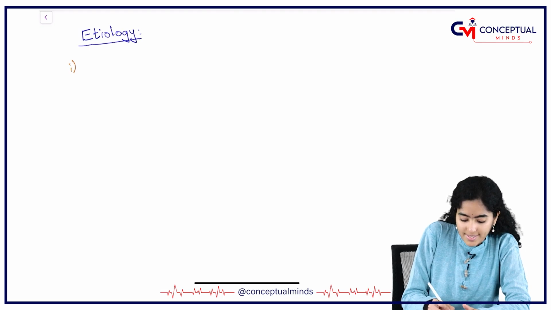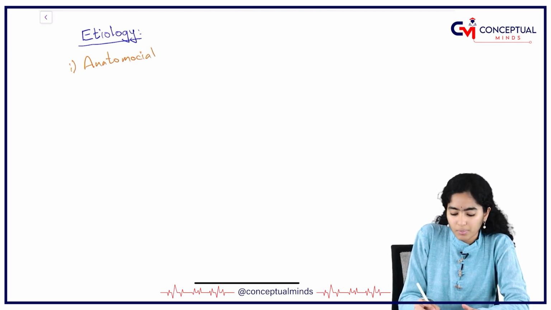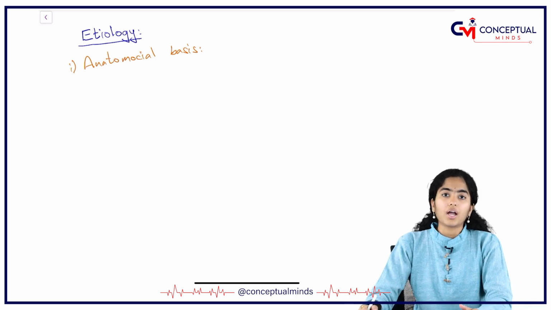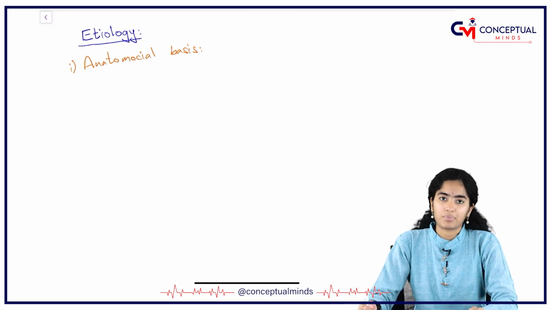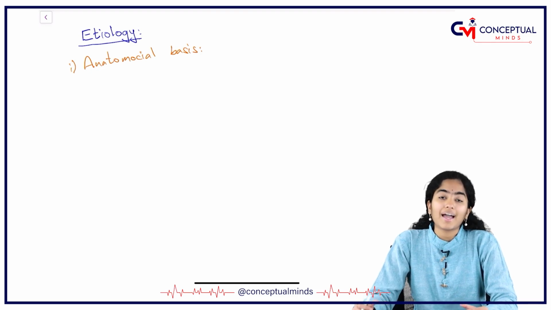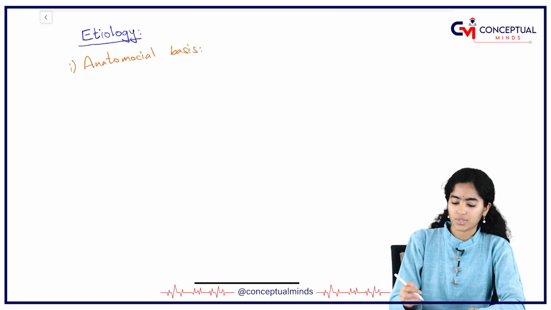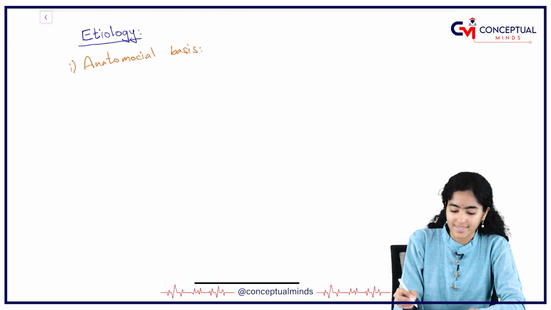The first one is anatomical basis. What is anatomical basis of this disease? What we have just learnt. The cartilaginous islands that are present will show some changes. They undergo some triggers that will later result in formation of new spongy bone. And this abnormal bone, new bone that is formed, will result in otosclerosis. So that is our anatomical basis.